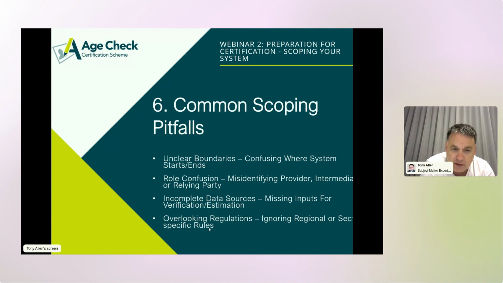So the first thing is having unclear boundaries, having confusion about where your responsibility and your system starts and ends. So which bits are you responsible for, and which bits do you use third parties for, and which bits do you subcontract? Which bits are outside of your control. Those are all really important things to understand.